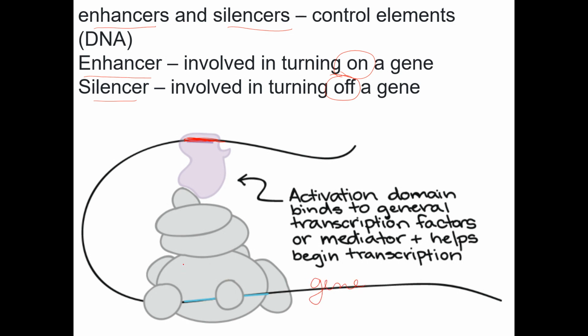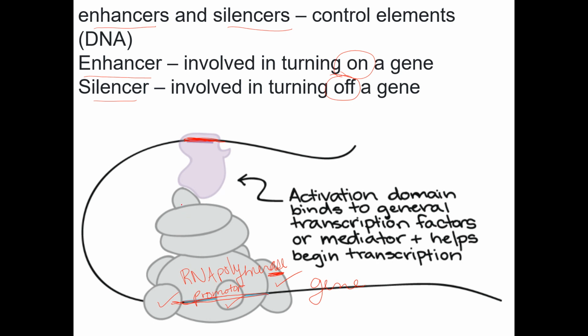This structure right here is RNA polymerase. So remember, that's the enzyme you need in order to transcribe the gene. RNA polymerase binds onto this piece of DNA, which is called the promoter. And then there are proteins called general transcription factors that I'll define for you in just a minute, but those help RNA polymerase to bind onto the promoter.